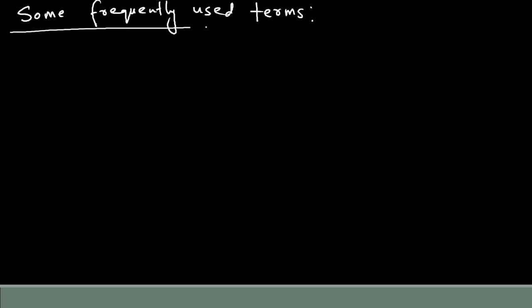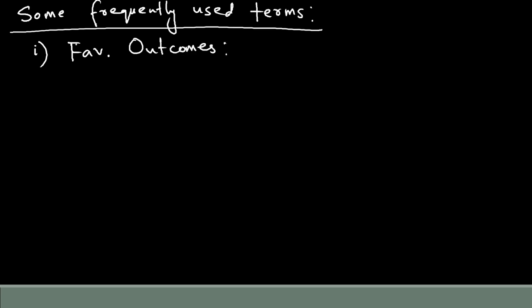You will encounter these two terms quite a bit, so let me write them down: some frequently used terms. Number one is favorable outcomes.